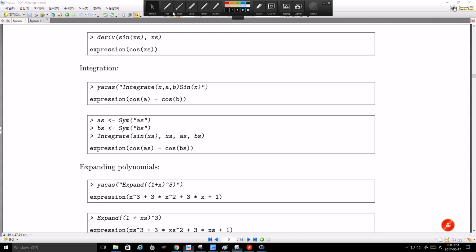If we express 1 plus x cubed, we know it is x cubed plus 3x squared plus 3x plus 1. Let's see whether it does the work. Yacas expand.